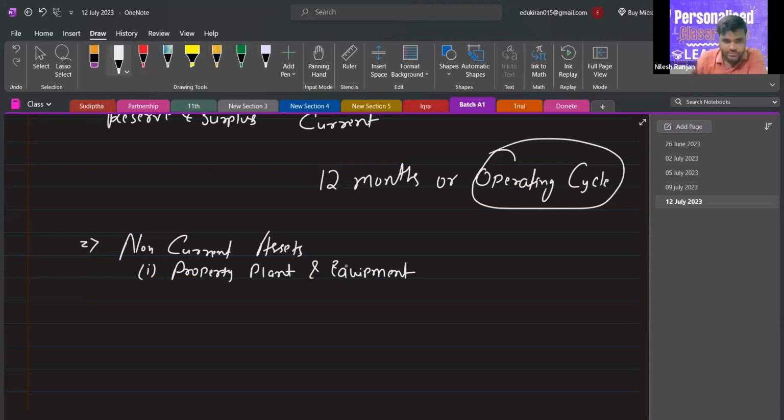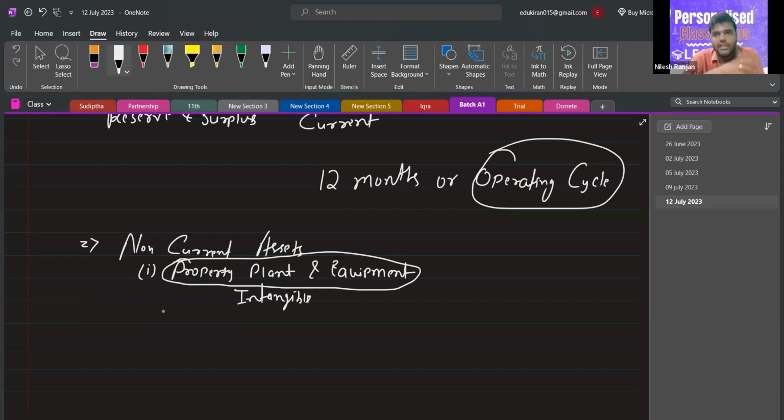Only tangible assets are given. Intangible assets, sir. Okay, so it is not classified under property, plant, and equipment. The main heading is given as property, plant, and equipment and intangible assets. Under it, the first one, as you wrote, is property, plant, and equipment. The second one is intangible assets. So tangible assets' name is changed. This is our tangible assets now, property, plant, and equipment.